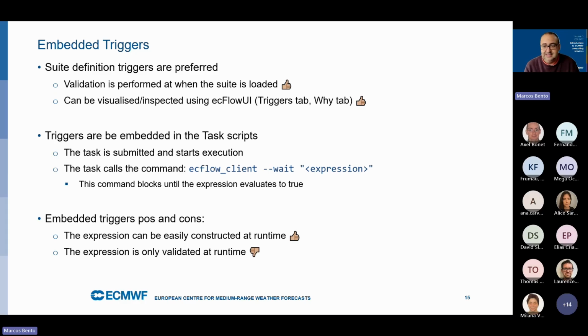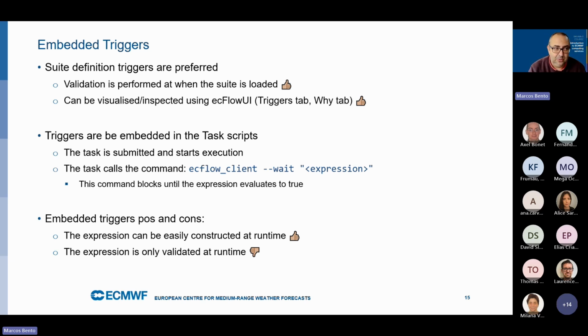One of the cons is that it's only validated at runtime, while the ones that you put in your definition file are evaluated as soon as you load the suite. If there's something wrong, a missing parenthesis, the load will fail. This one won't. Only when it's submitted to the server does the server look at the expression. So there are pros and cons.